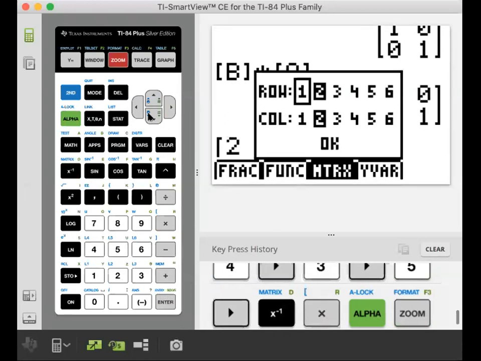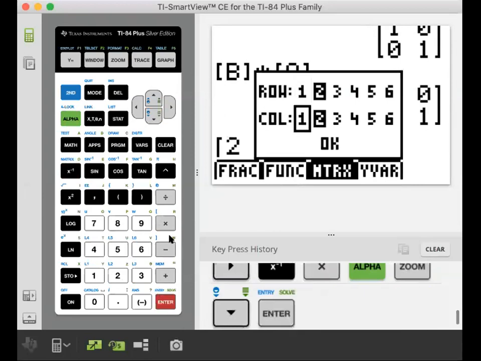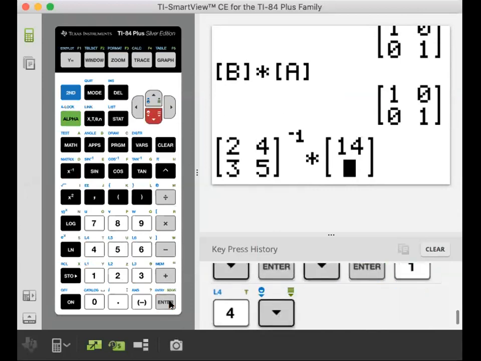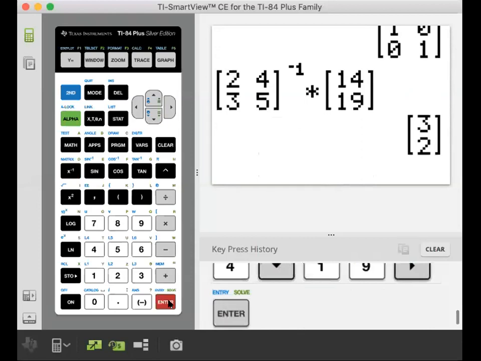There's 2 rows, only 1 column. And that one was 1419. Then out would come the 2 answers to the question. So we have yet another way to solve a system of equations. I know the RREF was like the fastest way, but this is another way to do it.